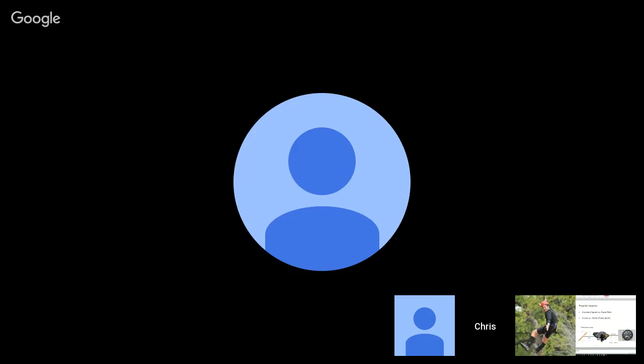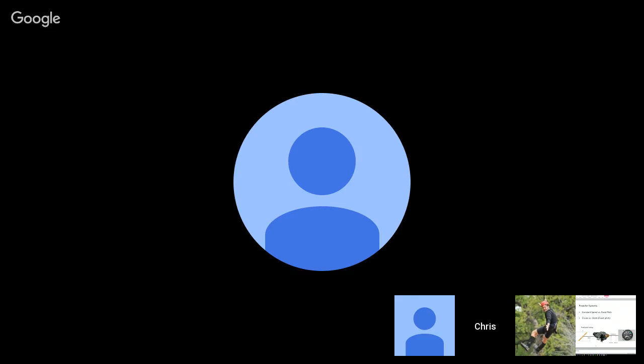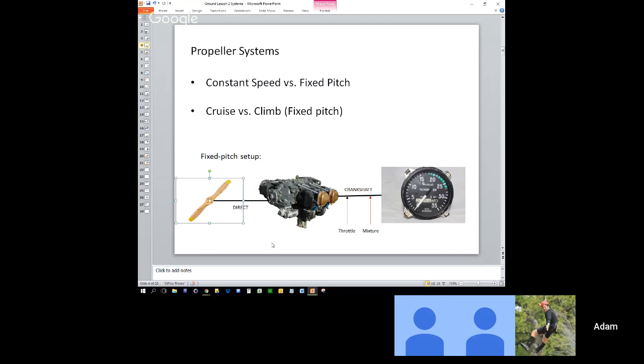This brings up a couple different challenges when it comes to flying airplanes. Can anybody venture a guess at what one of the downsides of having a fixed pitch propeller would be? Your propeller gets cracked and you can't fix it in flight? Well, no. What I mean by fixed pitch is you can't change the angle.